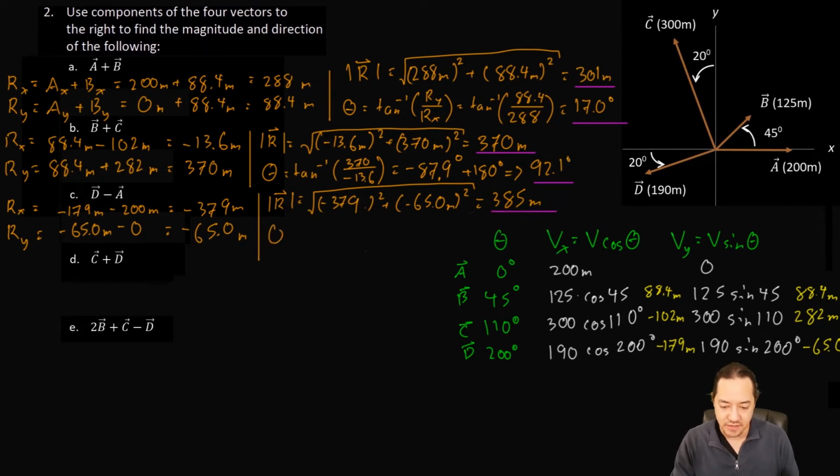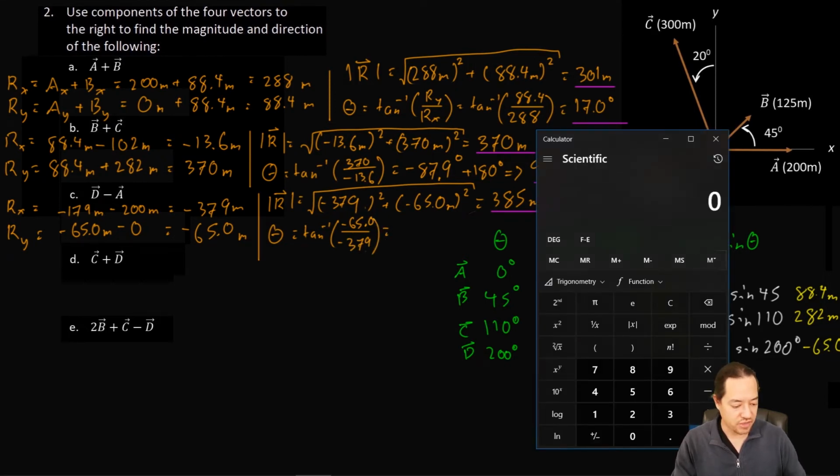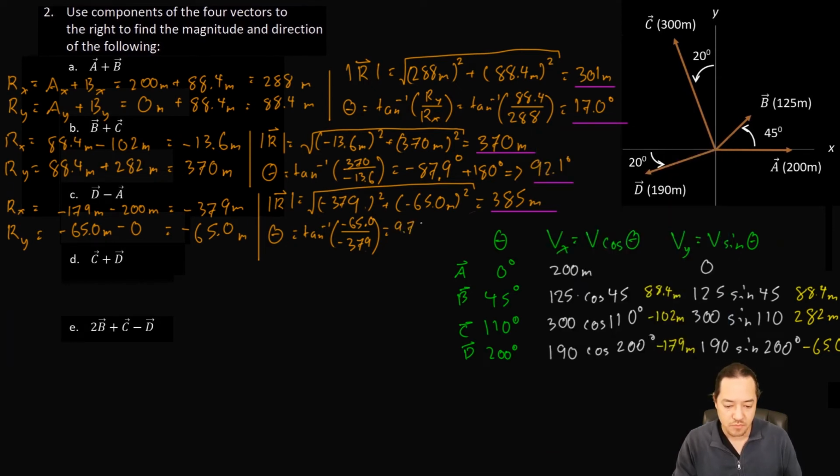Let's calculate theta real quick. That's going to be the inverse tangent of r sub y, negative 65, over negative 379. So the negatives cancel, 65 over 379. And we take the inverse tangent, and we get 9.73 degrees. That would put us in quadrant 1.